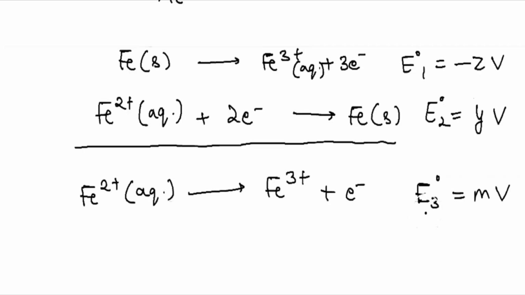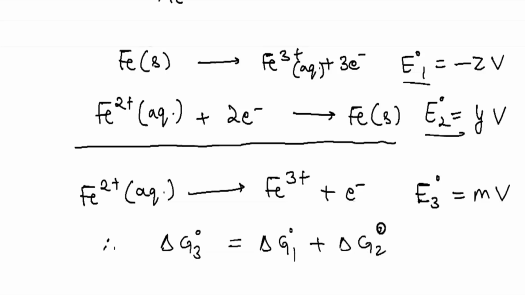So for E naught value of our final reaction, we can't add E naught value of first reaction plus E naught value of second reaction because E naught is an intensive property and we can only add or subtract extensive properties. So therefore we will use delta G.